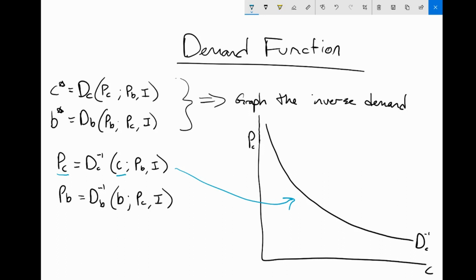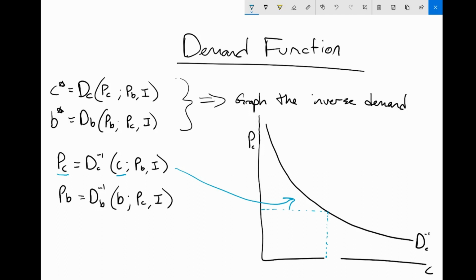So this is the inverse demand function. It takes coffee and tells me the price. That's the inverse demand curve. Okay.